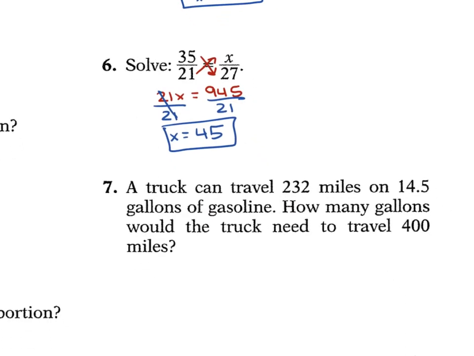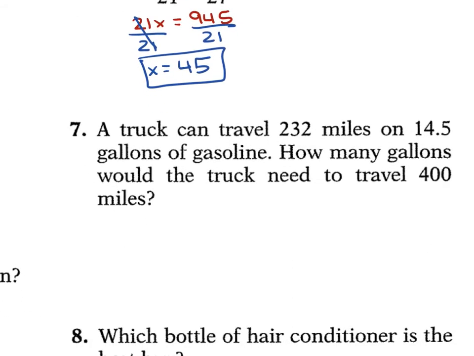Seven says a truck can travel 232 miles on 14.5 gallons of gas. How many gallons would the truck need to travel 400 miles? So we're going to do miles over gallons. This is going to give us 232 over 14.5 is equal to 400 over x.